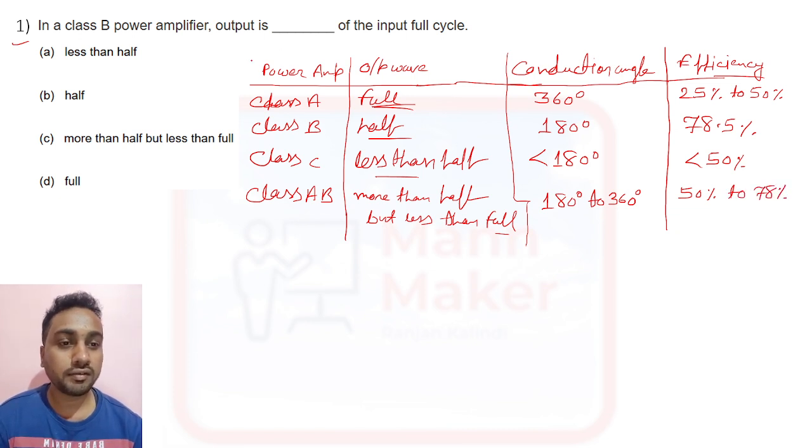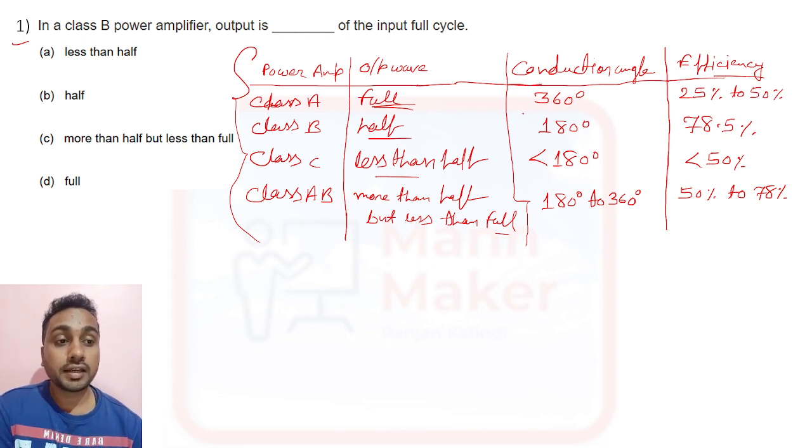Whatever is in this table, they may ask any kind of question, like in class A what is the conduction angle, so it is 360 degree. What is the efficiency of a class B amplifier, so it is 78.5%. Like that they will make questions.